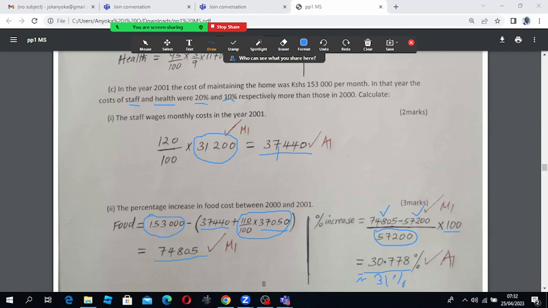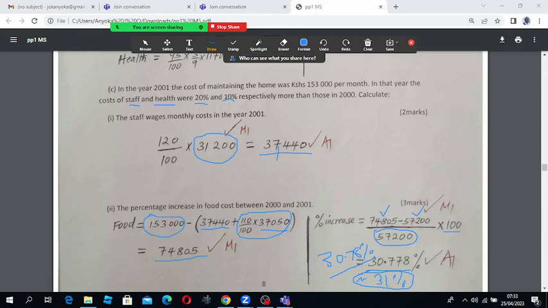But you have not been told. So the proper answer, if you are not instructed to one decimal place, should be 30.78%. That is, insist on giving your answers to 4 significant figures.